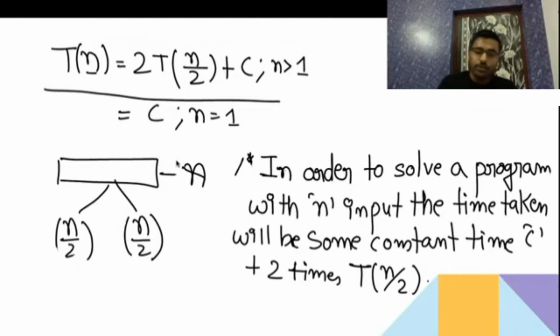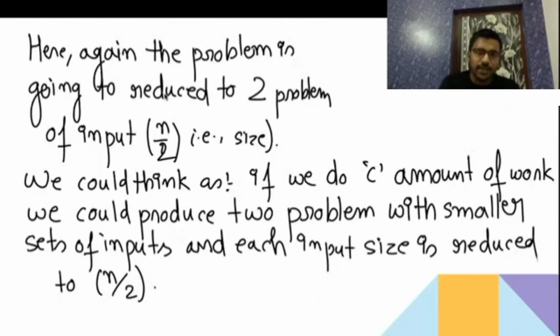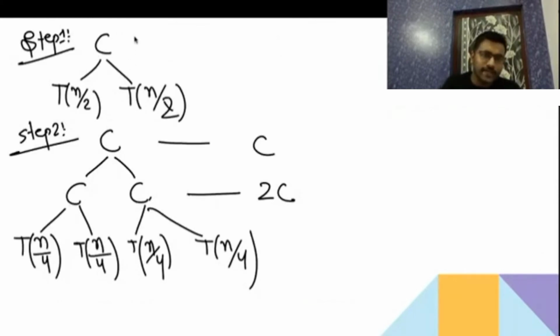When the size of the problem is 1, you just get a constant time c. Then again, this problem will do some constant work c, and it will again divide into two subproblems of n by 4, Tn by 4, Tn by 4.